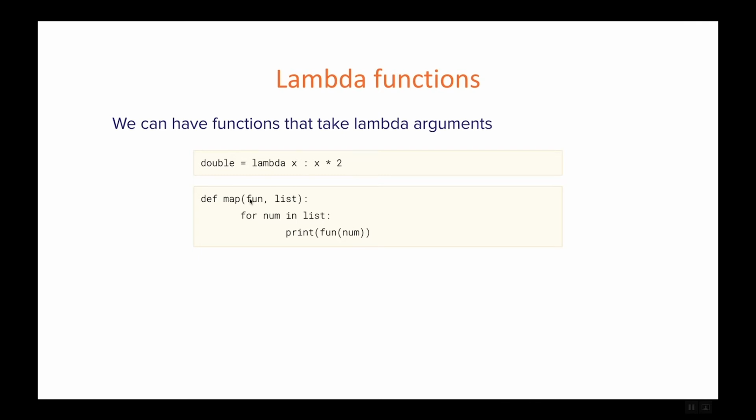So we can apply this function to our list. So inside the map function, we map each element with the function that is provided, right? So for num in the list, we print function of num. Okay, so here is an example of how we might do that. We have map, double, and 1, 2, 3.